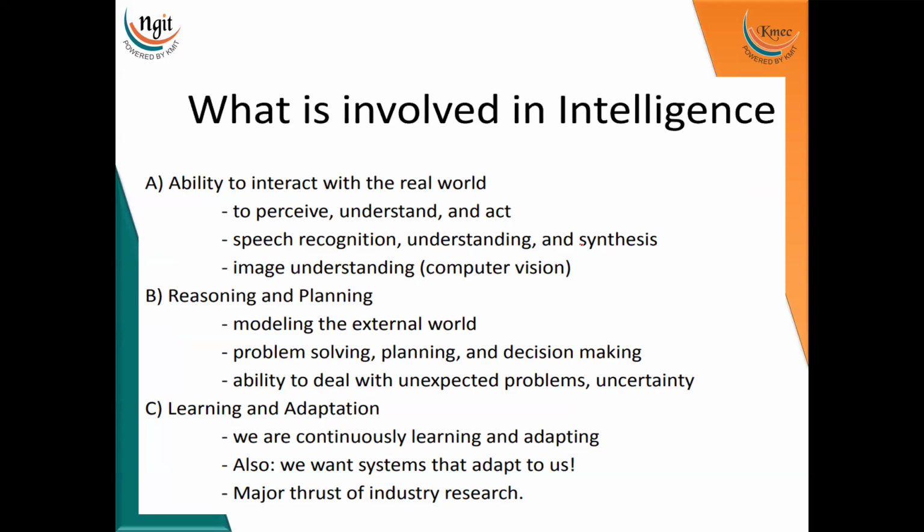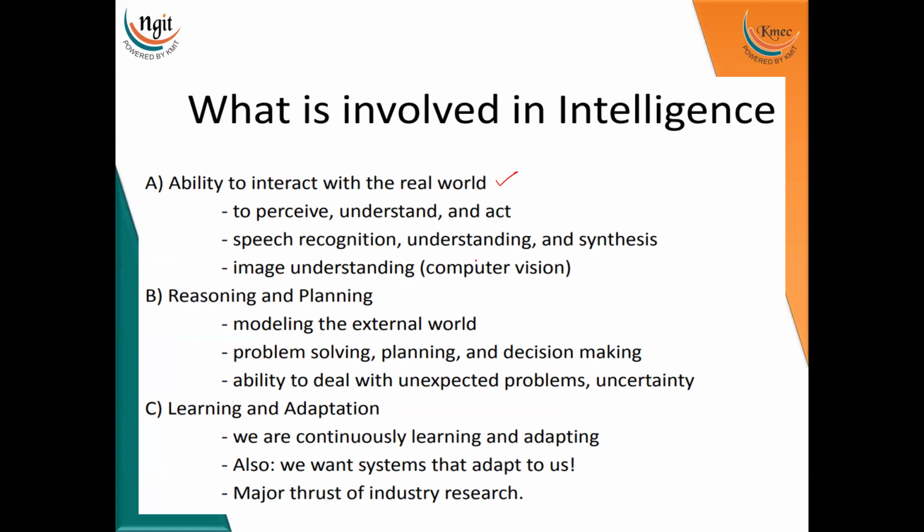What is involved in intelligence? First, the ability to interact with the real world, that is, to perceive, understand, and act, like speech recognition, understanding, and image understanding, which relates to computer vision. The second point is reasoning and planning, that is, how we are going to solve a particular problem, what planning we are going to do, and according to the planning, what decisions we are going to make.